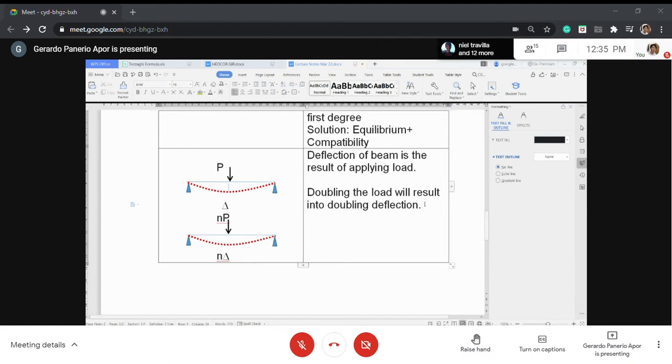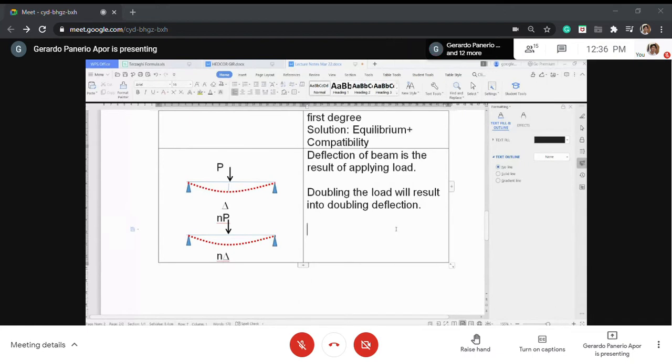But how cheap? That's why in the design code there is a limiting deflection. You cannot reduce the section as much as you want, because if you follow the code, there are guidelines when it comes to deflection.